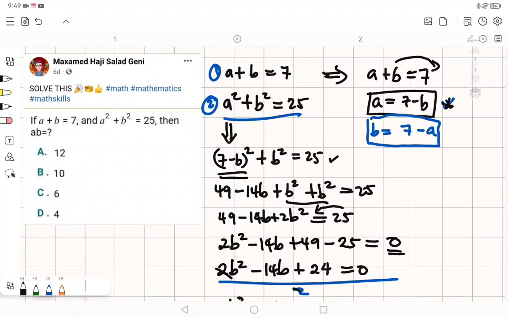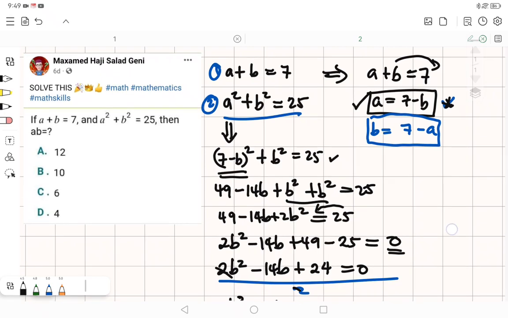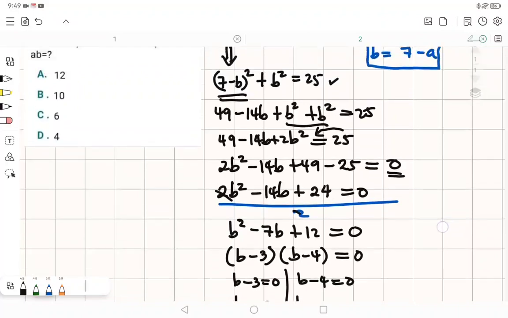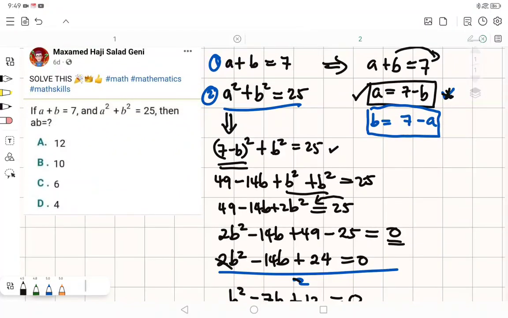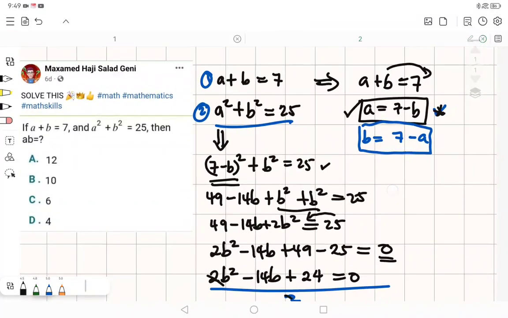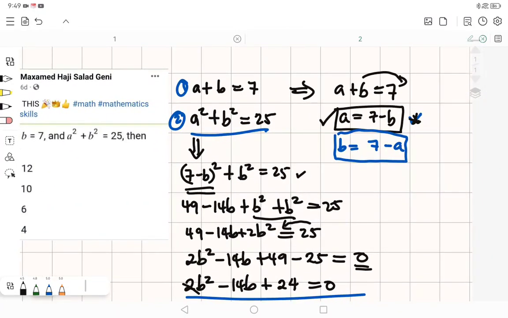Now, if we solve for a using a is equal to 7 minus b, we have 7 minus 3. So our a should now be 4.